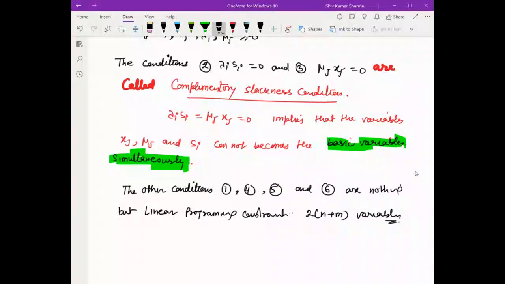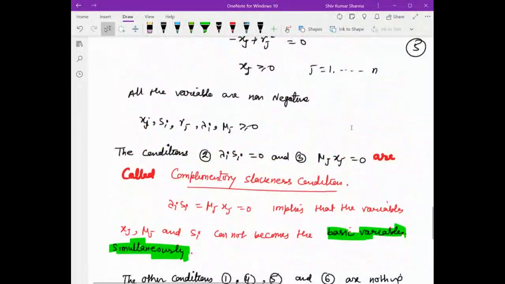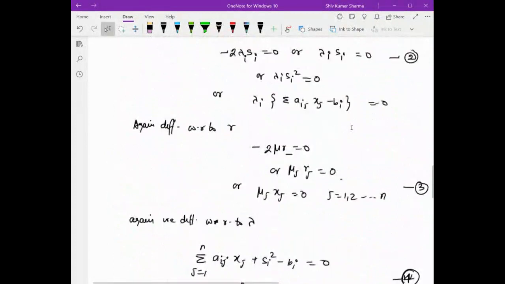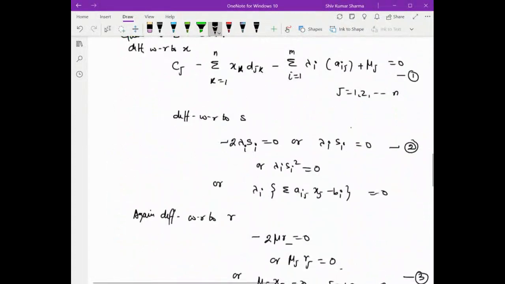You have to remember the complete procedure, because when we solve problems we use these 5 conditions directly.